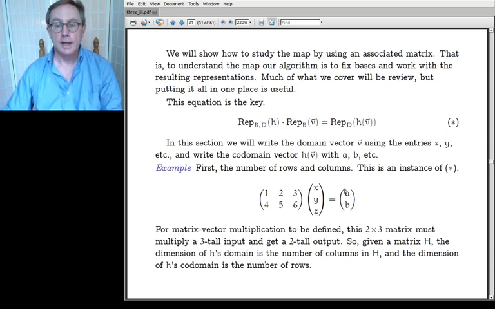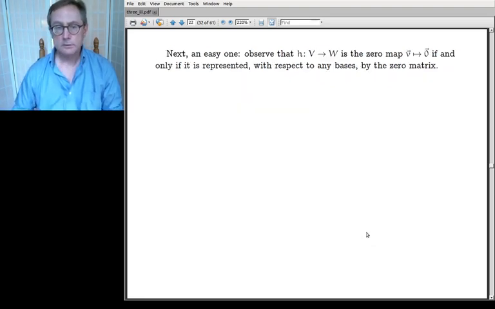And the dimension of little h's codomain has to be the number of rows here, which of course is the number of rows here. So the fact that we have a 2x3 matrix in this example means that the domain is dimension 3, the codomain, the output space, is dimension 2. So that's just the way the parts combine.